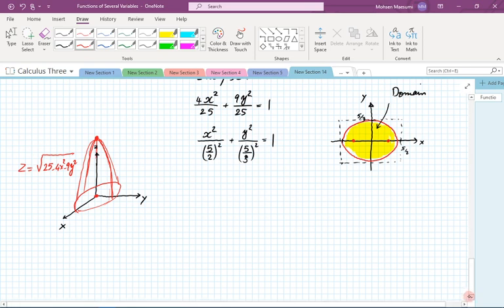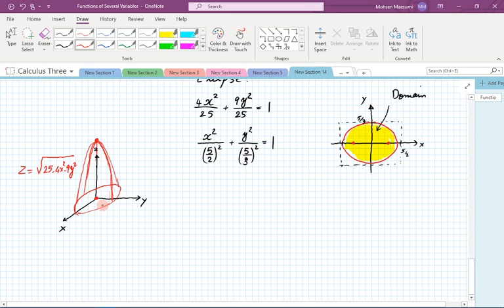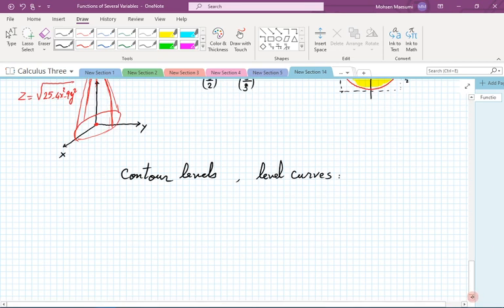Okay, one of the ways that we try to handle these kinds of complicated cases and describe a graph is through so-called contour levels, or sometimes they are called level curves. This concept is so standard.